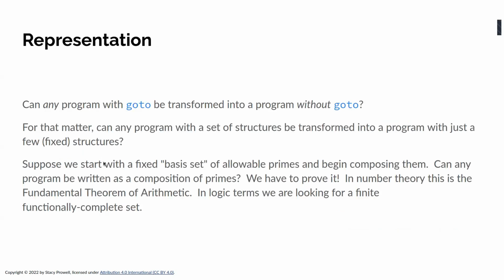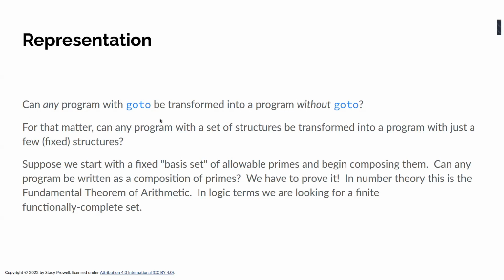And so we might ask a question that people have asked for a while, which is, can I get rid of goto? I mean, people say that goto is harmful, but maybe I can't, maybe I have to have it. Maybe there are programs I can't write without goto. This is a hard question to answer, but we can try to change it into a question that's easier to answer.